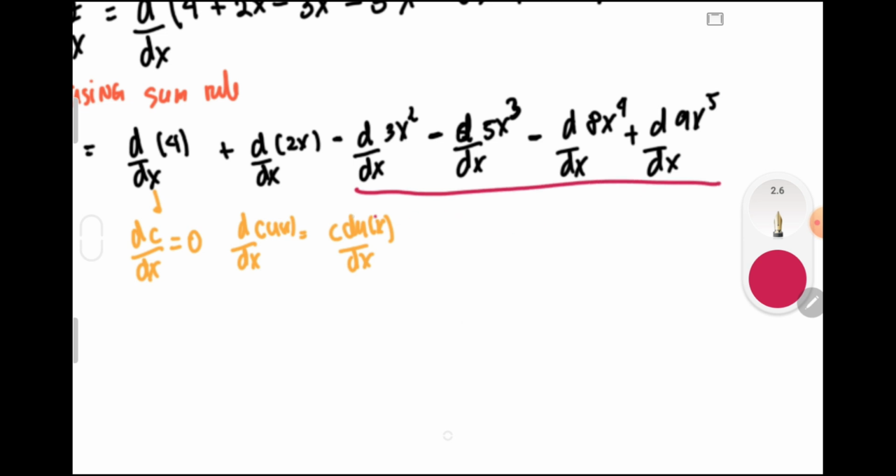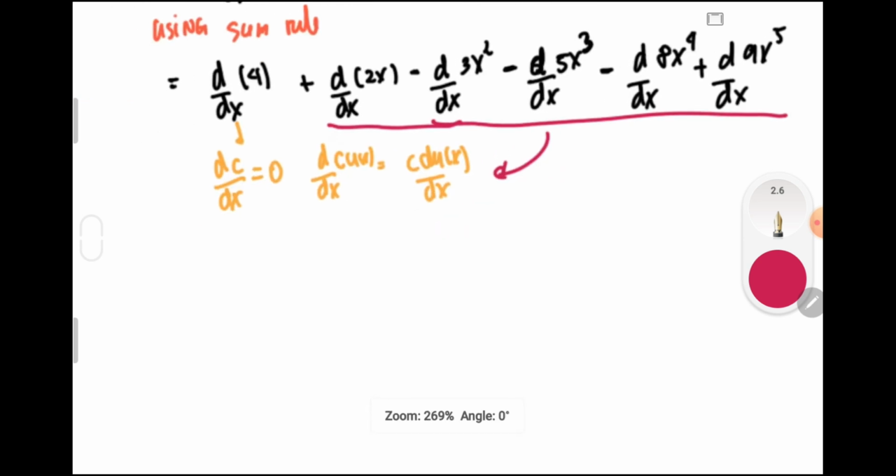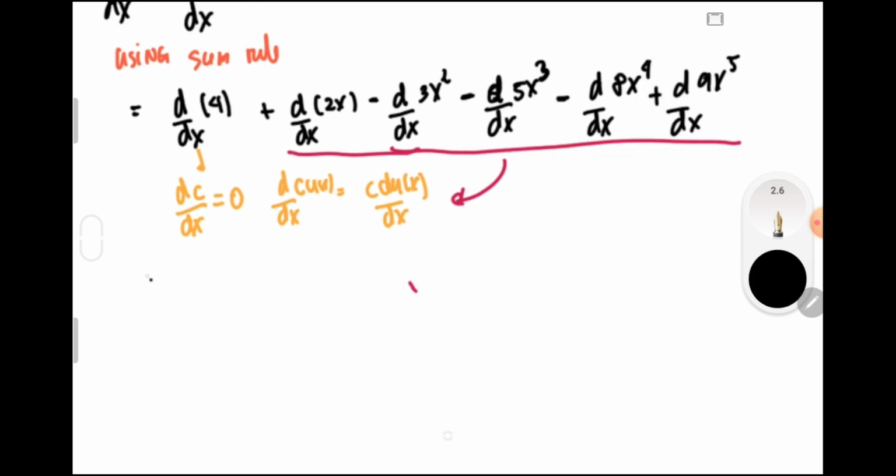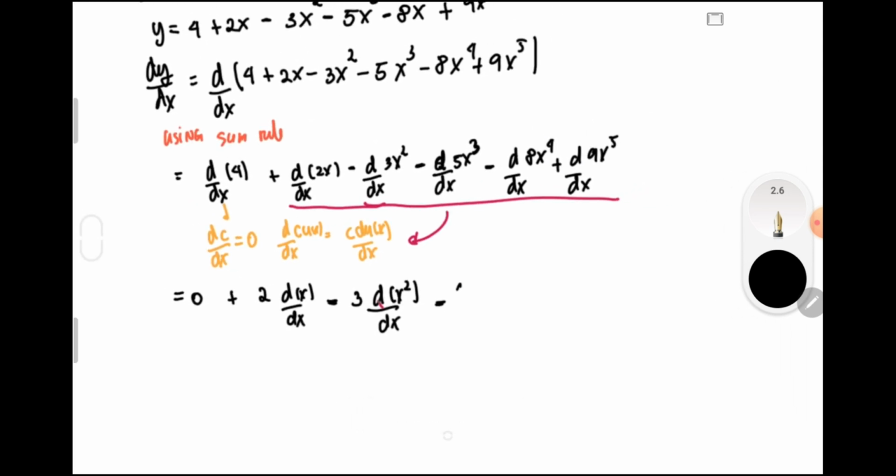So from this term and this term, we can use that. Therefore, we'll have a value equal to 0 plus 2 the derivative of x with respect to dx minus 3 the derivative of x squared with respect to dx minus 5 the derivative of x cubed with respect to dx minus 8 the derivative of x raised to 4 with respect to dx plus 9 the derivative of x raised to 5 with respect to dx.